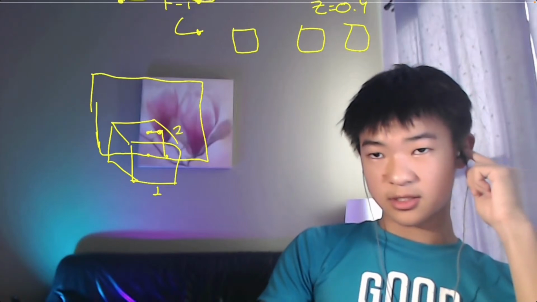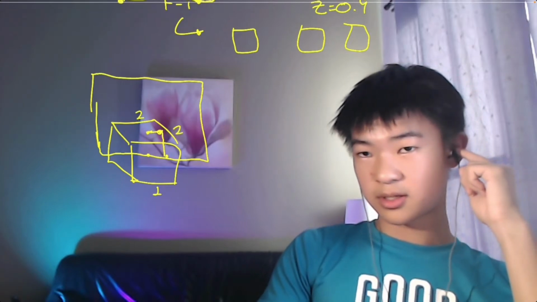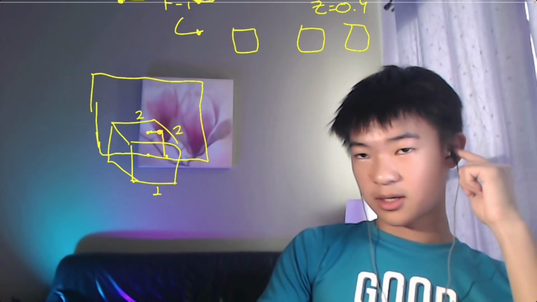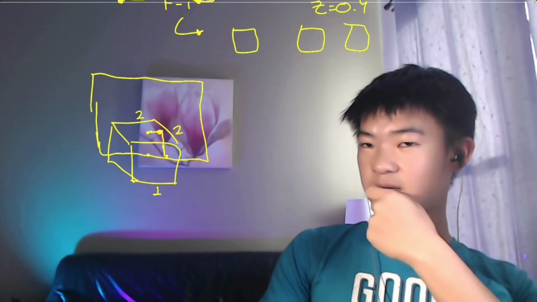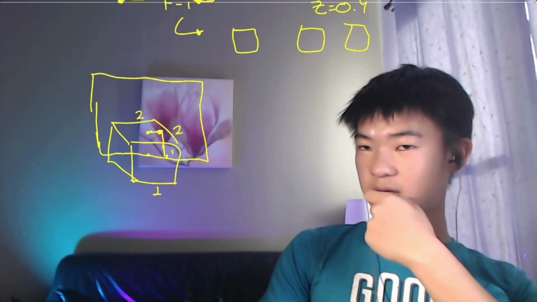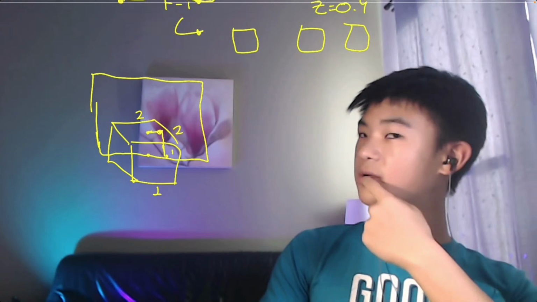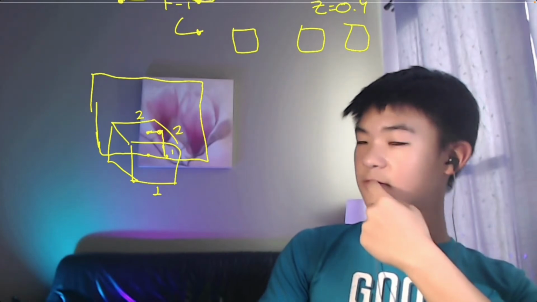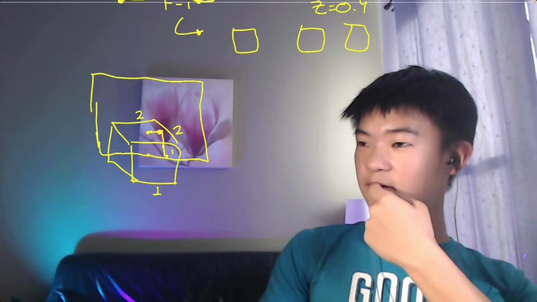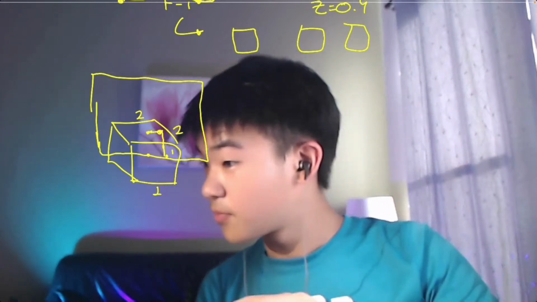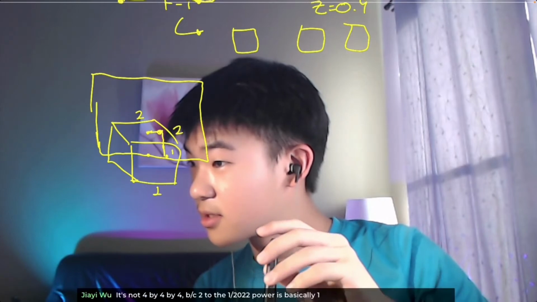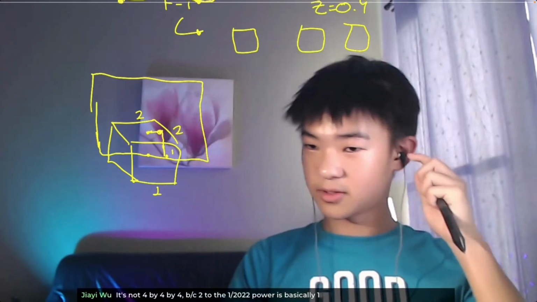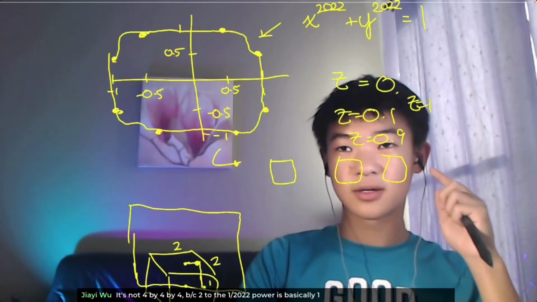These side lengths are 2 and 2. And right here, the height is, is it 1? It's not 4 by 4 by 4 because 2 to the 1 over 2022 power is basically 1.